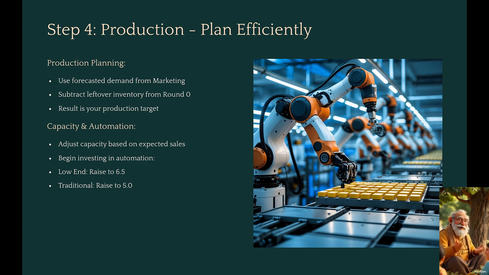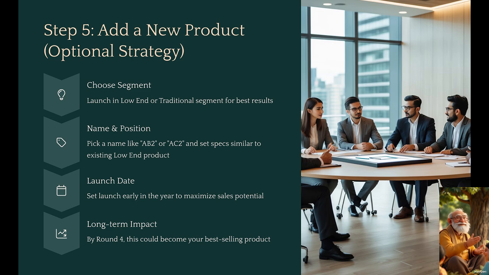If you expect strong sales, increase capacity early. If not, consider selling excess capacity to reduce idle costs. Automation. In Round 1, begin investing in automation, especially for low-end, raise to 6.5, traditional, raise to 5.0. This reduces labor costs long-term, although it slightly increases R&D revision time.